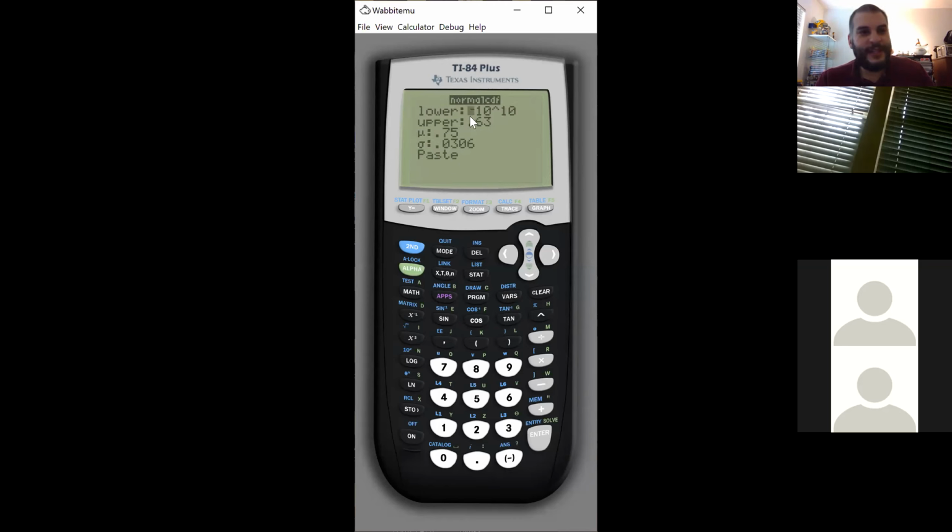It already has the lower bound, negative 10 to the 10 power, the upper bound 0.068, mu is 0.05, and sigma is 0.0138.